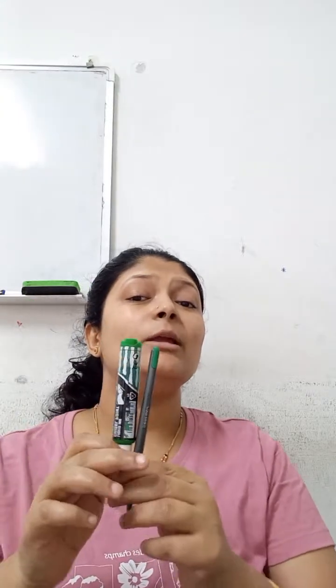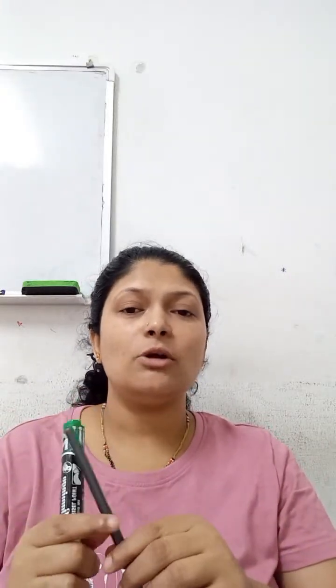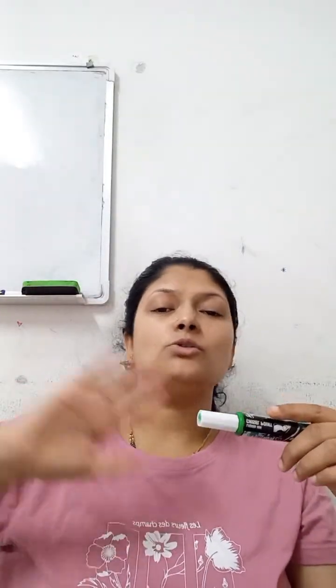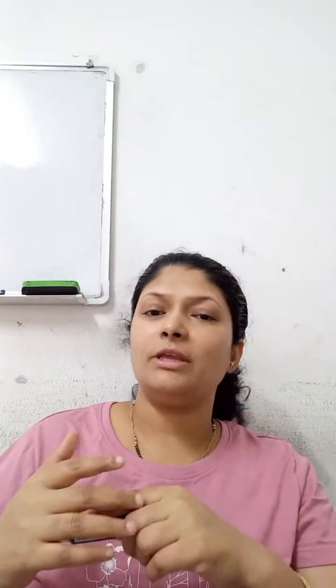That means the image is formed beyond the mirror, so in the case of a concave mirror we cannot observe that image on the screen. That is the reason: if you bring the object very near to the mirror, the image is formed beyond the mirror, so we cannot see it on the screen. This is the answer. Understood?